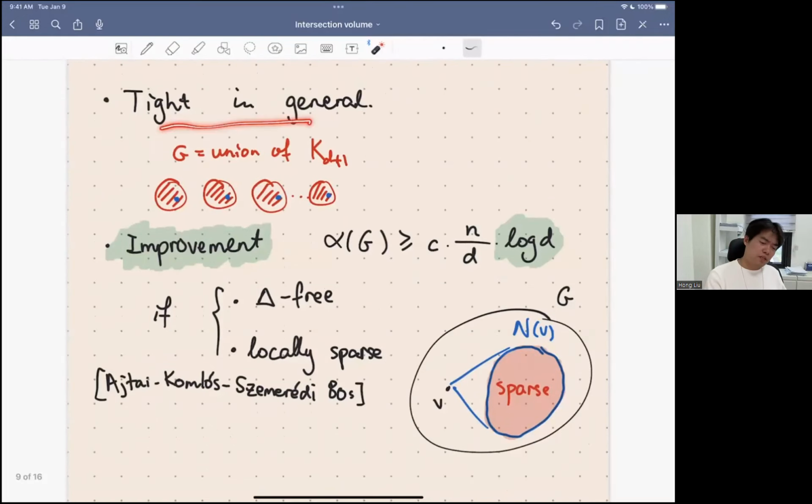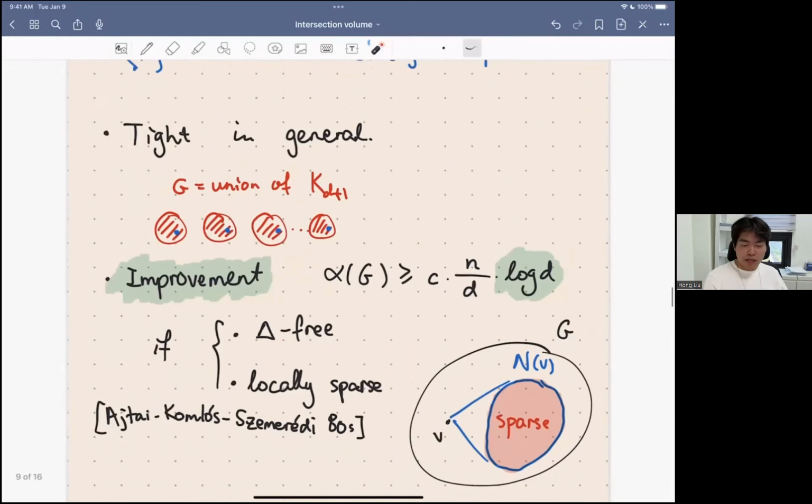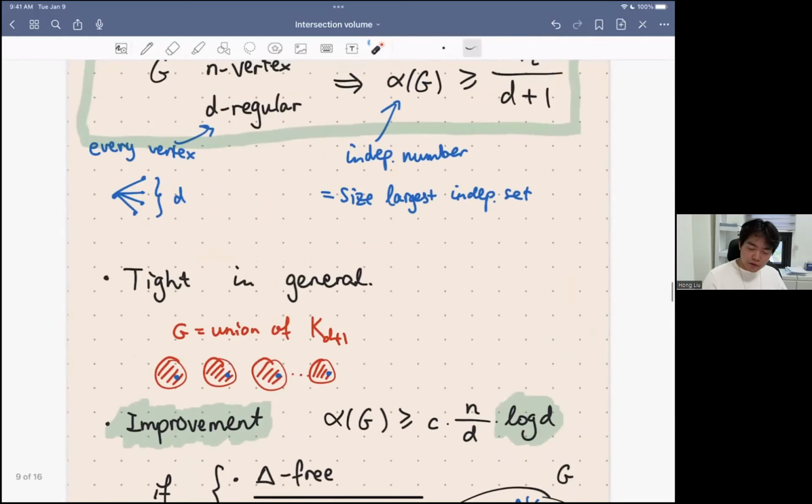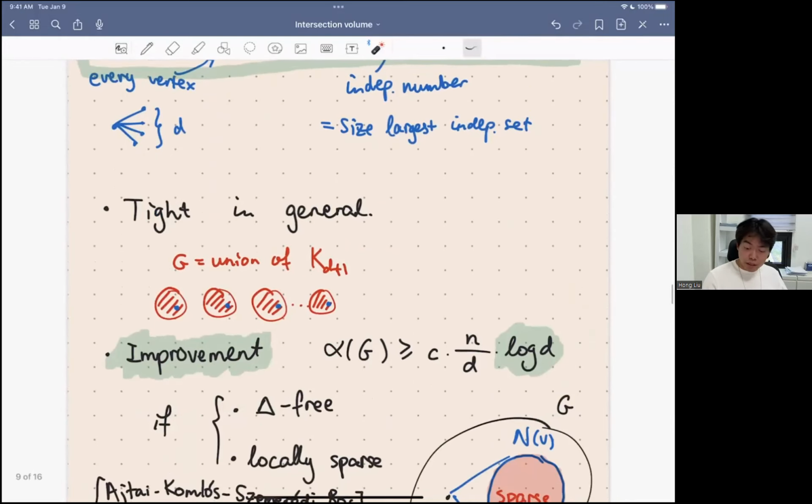This tight example has cliques of a fixed size. Let's suppose for a moment we forbid triangles. First, they showed that if your graph is triangle-free, n vertex and d-regular, you can improve this independence number by a log d factor.